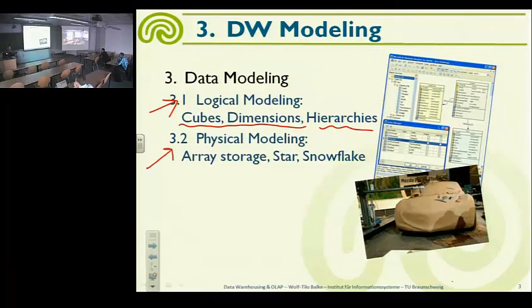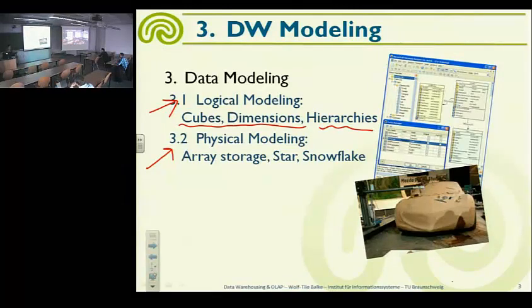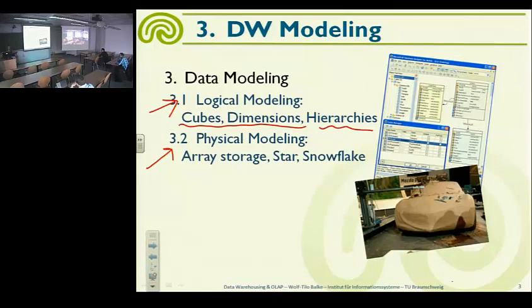In the second part of the lecture, we'll go into the physical modeling. That has everything to do with how the data is actually stored in your backend, how to efficiently store this huge amount of data so that when you get these complicated analytical queries, you're able to get the data quickly. In order to do that, you have to be clever.